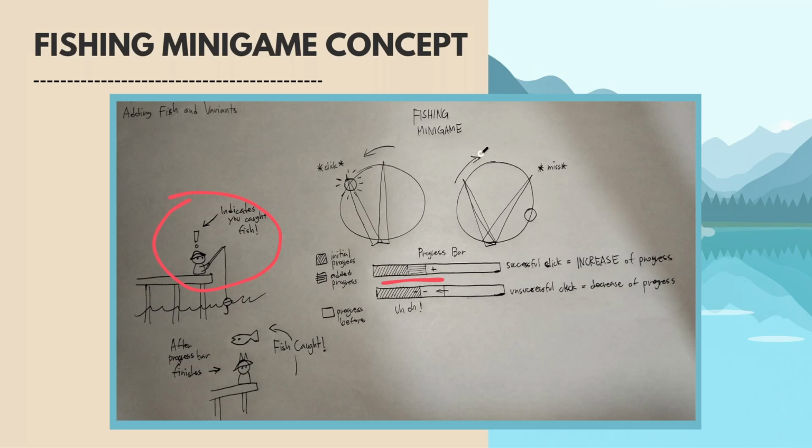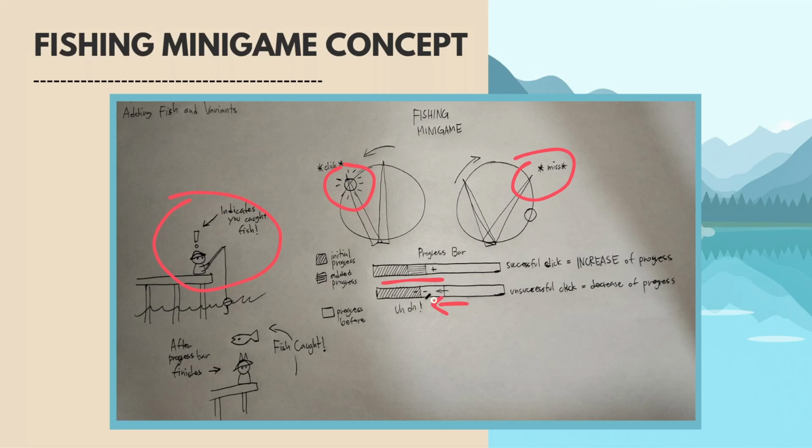So if you miss, let's say your arrow misses a circle, then your progress will be decreased. That means if you have a successful click like this, then your progress bar will be increased. But if you have an unsuccessful click, then your progress bar will decrease.